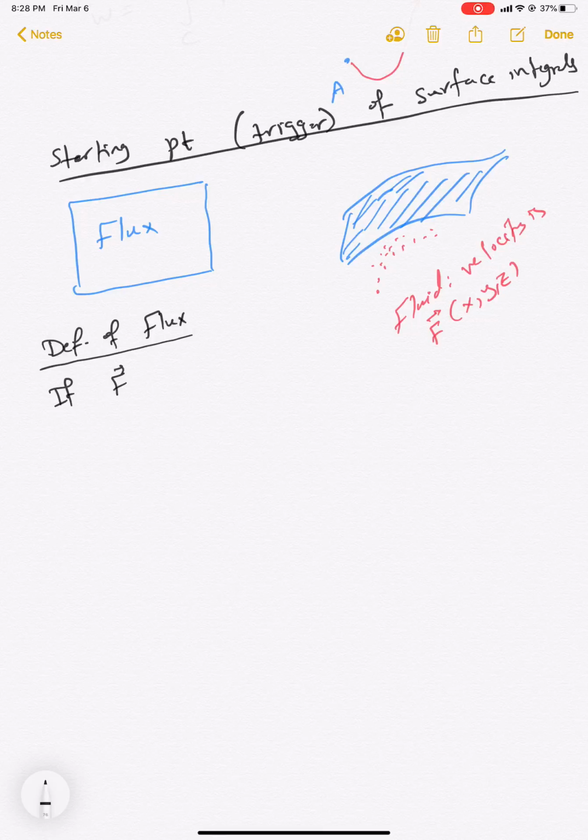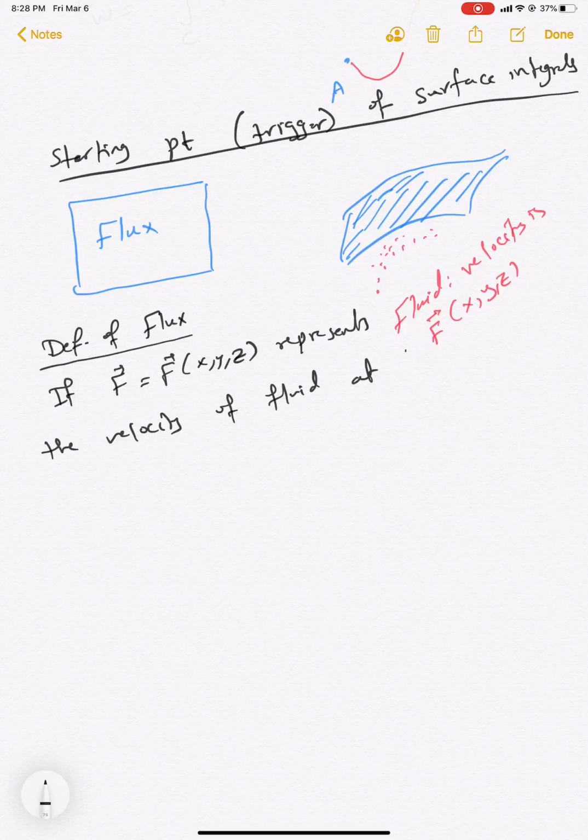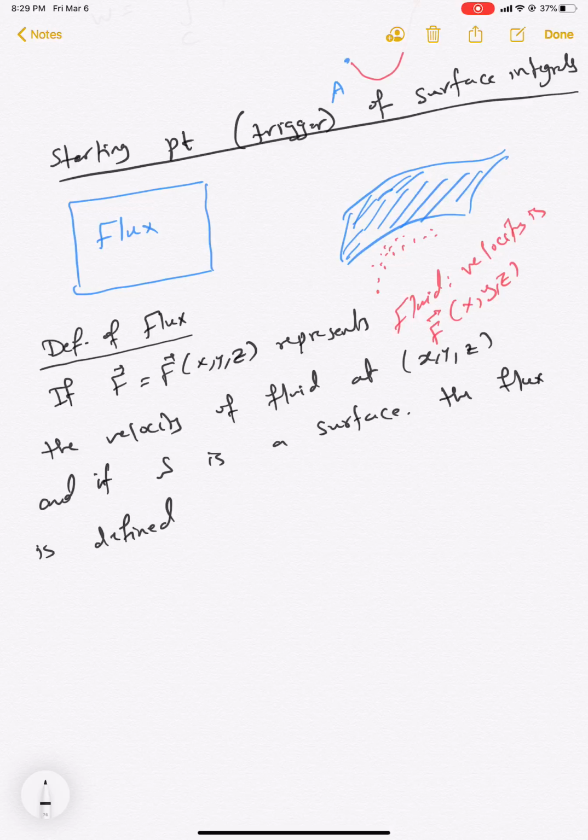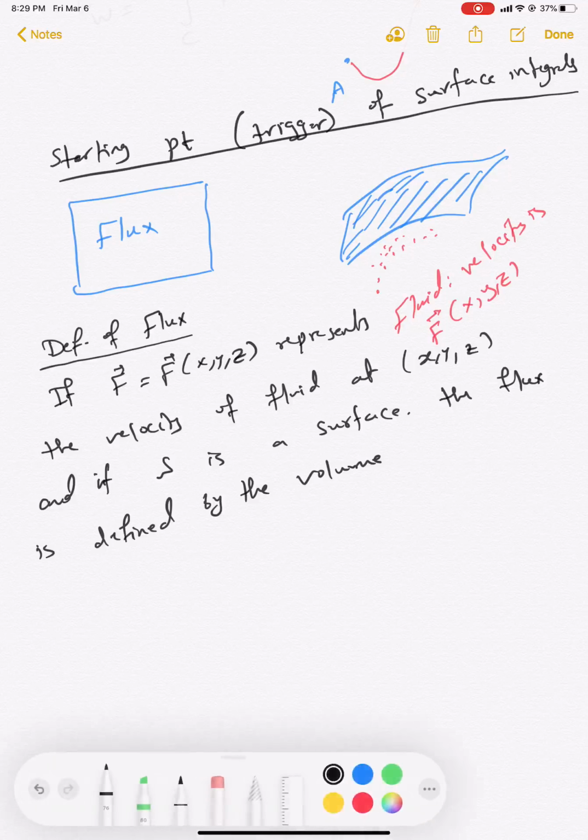If F, which is a function of x, y, z, represents the velocity of a certain fluid, of course at point x, y, z, and if S is a surface, the flux is defined by the volume. Let me write it just to emphasize this.